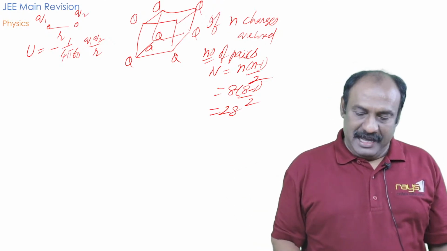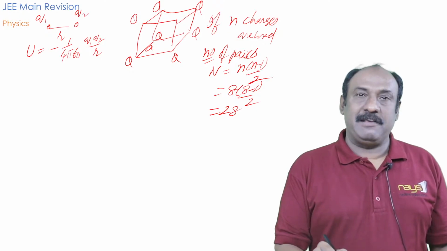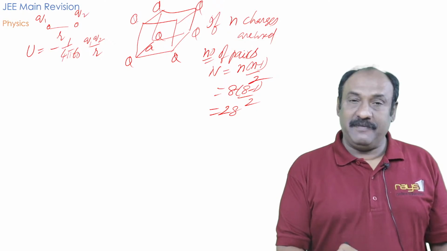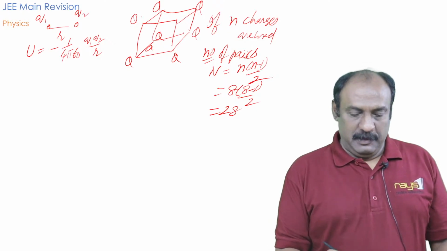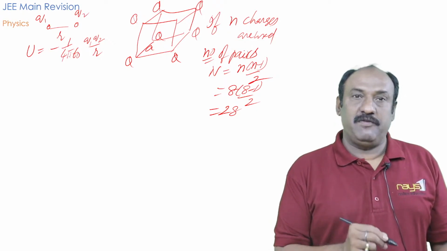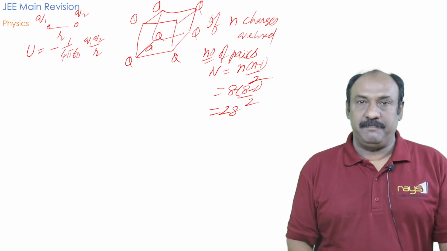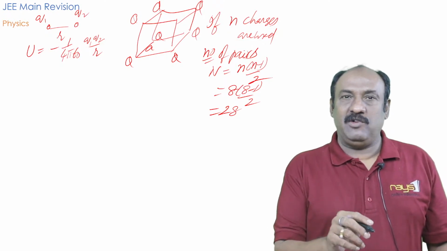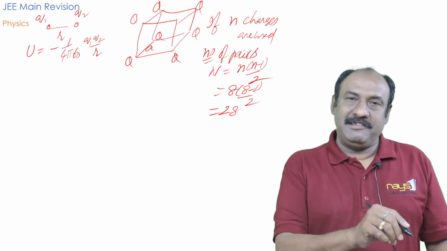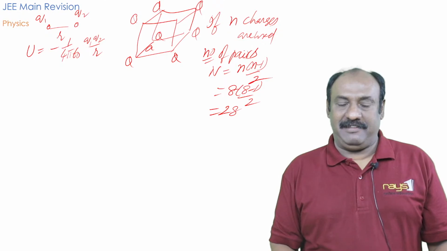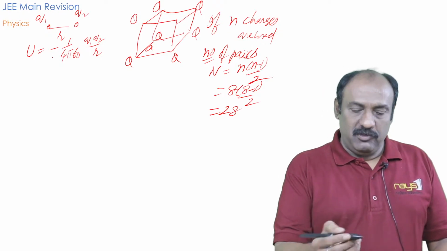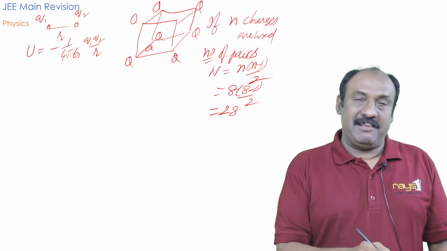So indirectly it depends upon the magnitude of the charges and also the sign of the charges. The potential energy is 1 by 4 pi epsilon naught q1 q2 by r. I consider both are positive, this is the equation. If one is negative then q2 is minus, so minus of minus we get plus.